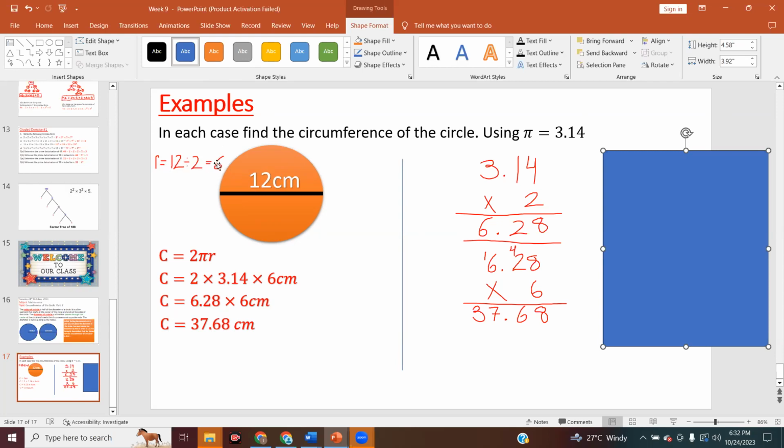You understand that, Javin? Yes, sir. Now we have 2 times pi times r. What is pi? 3.14. And what is r? r is 6. Multiplying 2 times 3.14, we get 6.28. Then when you multiply 6 times 6.28, you get 37.68. Sorry, that's how we get 37.68 centimeters. You understand that, Javin? Yes, sir.